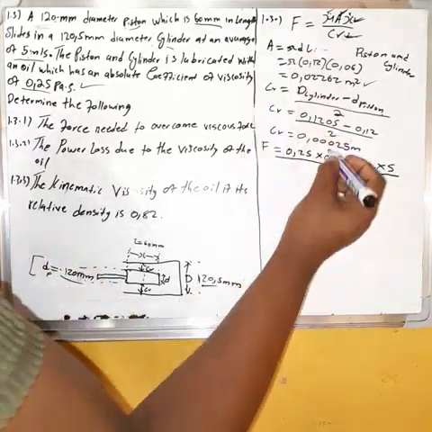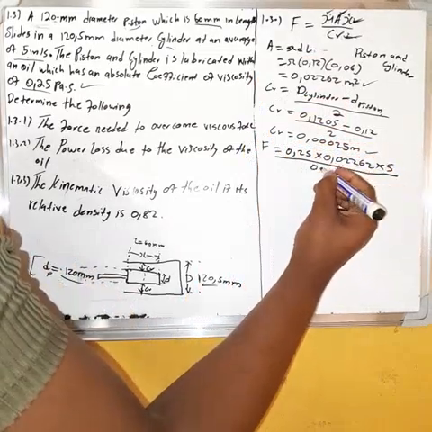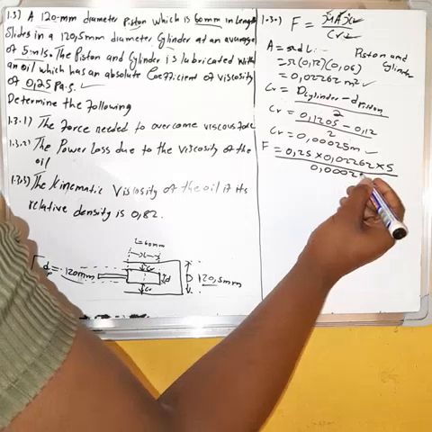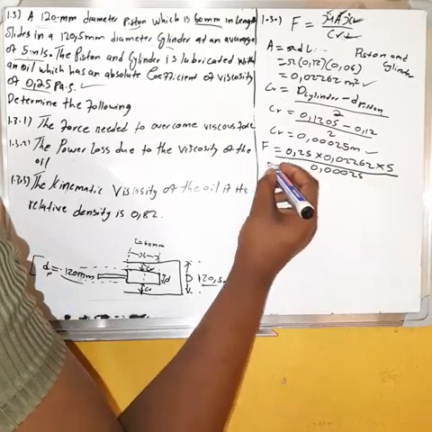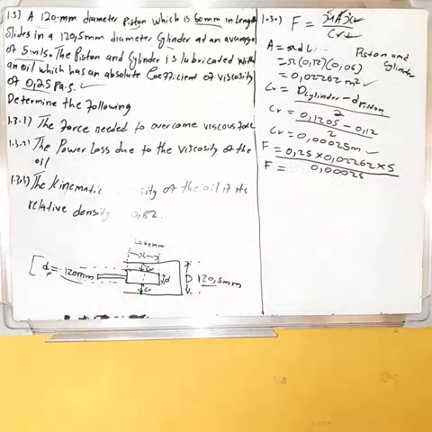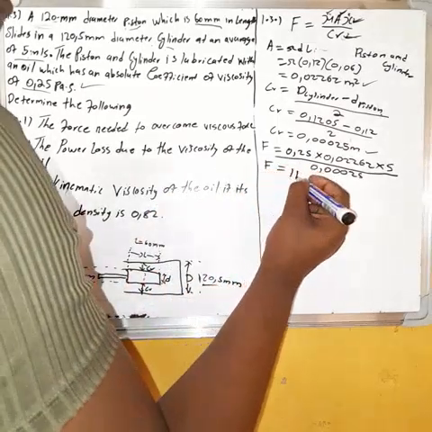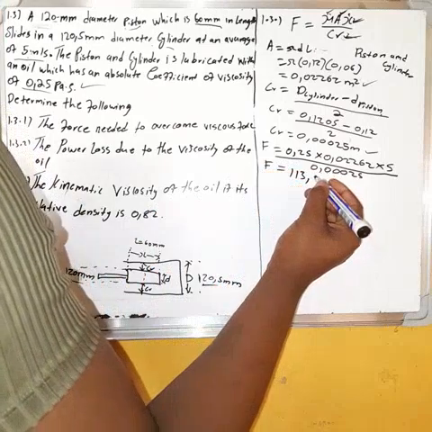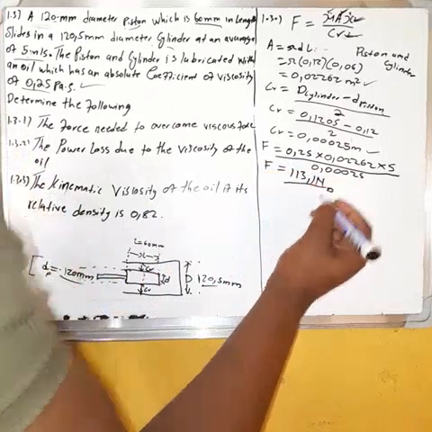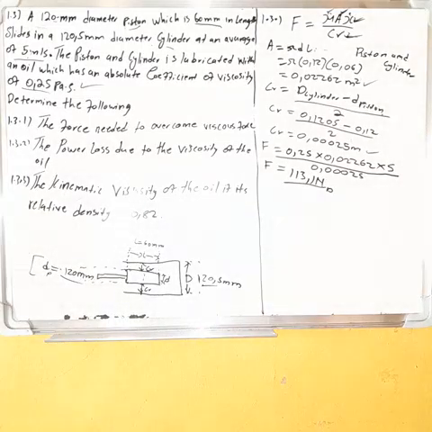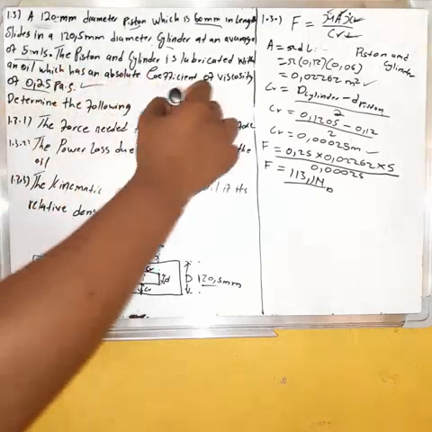Divide by the clearance, which is 0.00025. Then we're supposed to get F as 113.1 Newton. That is our force that is required. We have calculated the force. We are done with this question.